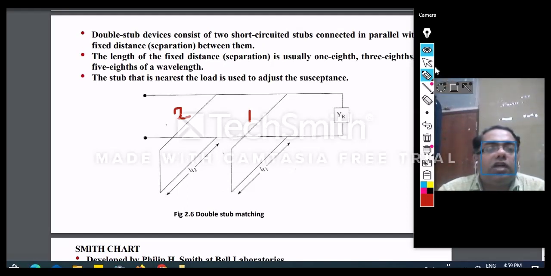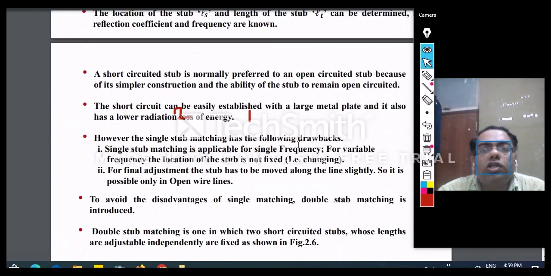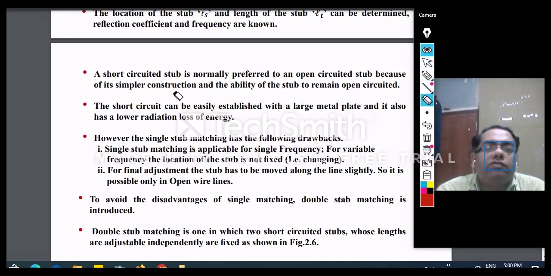Now here one thing I would like to mention: between short and open, generally the short is preferred. The reason is its simple construction and ability to remain open circuited, we can just connect the stub easily and there is no radiation problem.